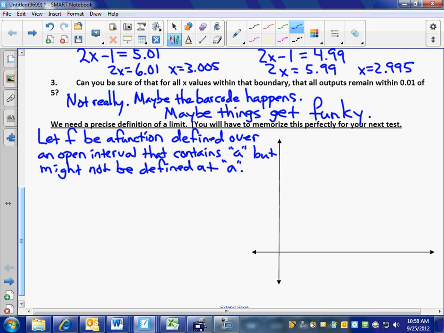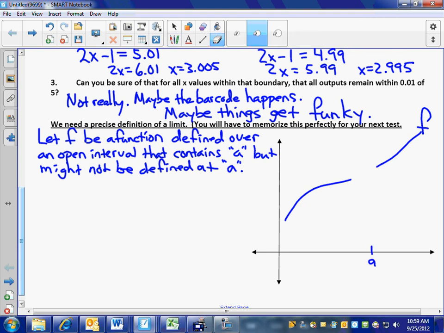So what I have is some type of a function, we'll call it f, and it's defined, meaning there are output values over an entire interval except possibly at the number a. So I'm going to put an empty spot at a.